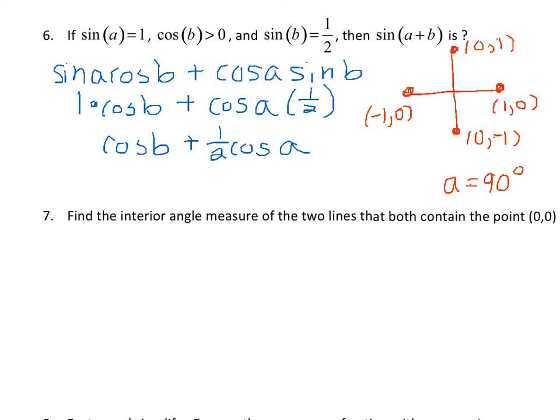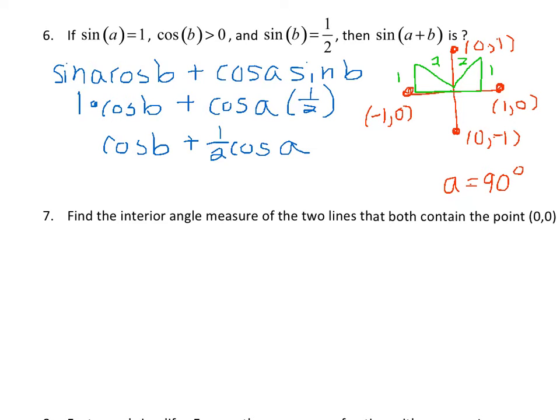We're also given that the sine of B equals 1/2. So if the sine of B equals 1/2, it could possibly be in one of two quadrants. It could be in quadrant 1 or quadrant 2 because that is where sine is positive. And we know the opposite side of 1 and the hypotenuse is 2.